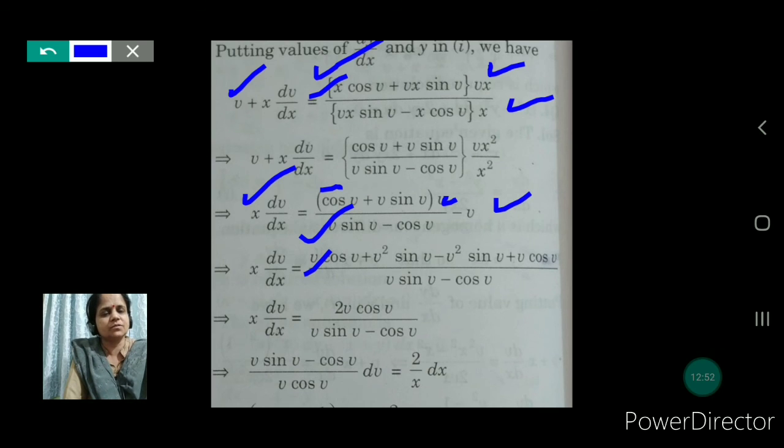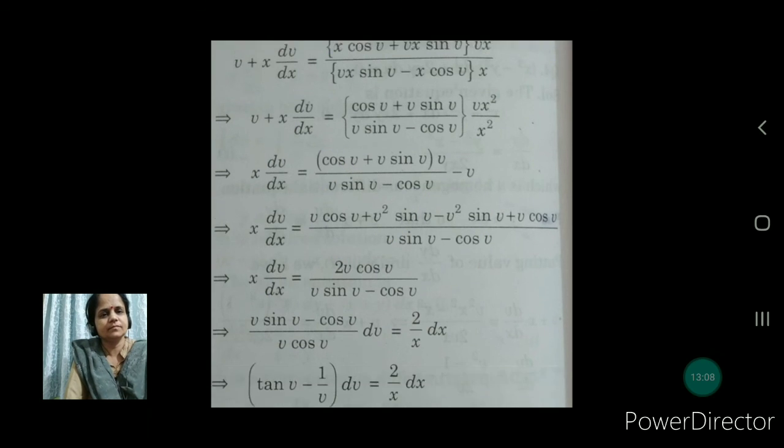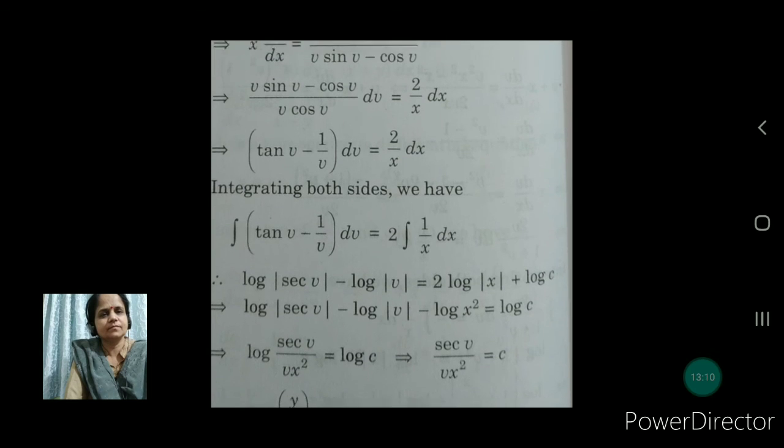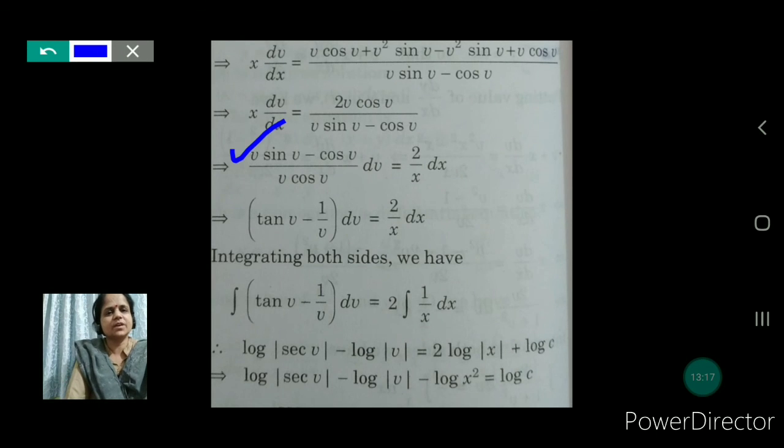You see that v square sin v will cancel with minus v square sin v. So you will get 2v cos v upon v sin v minus cos v. Now separate the variables. So you will get v sin v minus cos v upon v cos v into dv is equal to 2 by x dx.